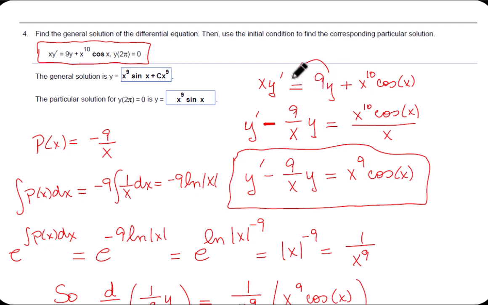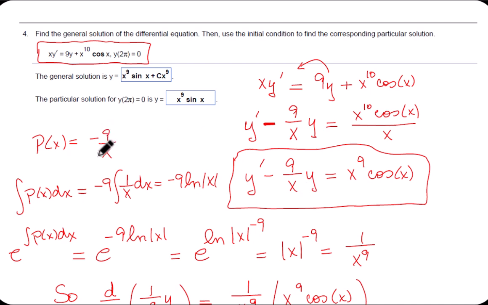It needs to be on the left for me to identify p of x. So dividing through by x. Over here on the right, I get an x to the 9th cosine of x. On the left, here's my p of x. Again, this is going to be valid for x bigger than 0.